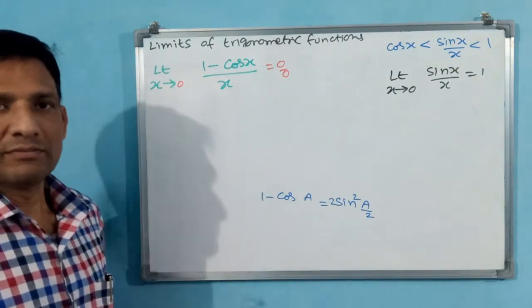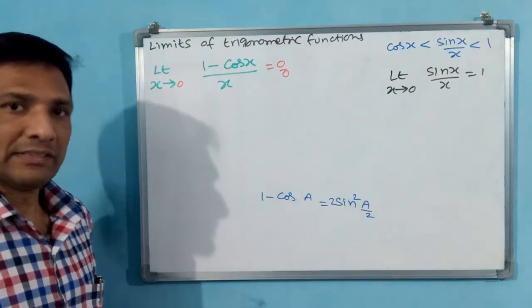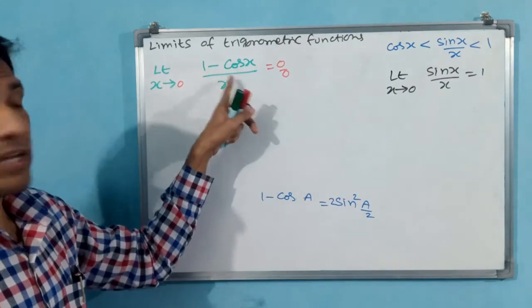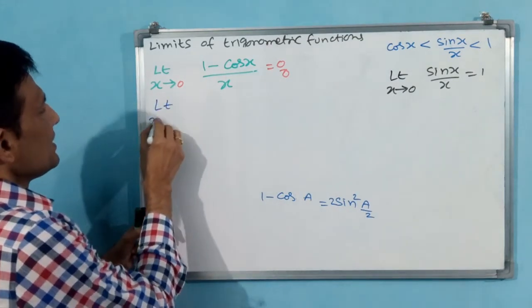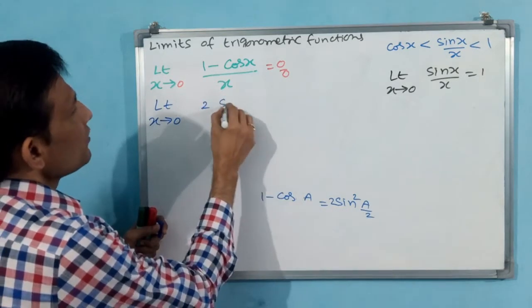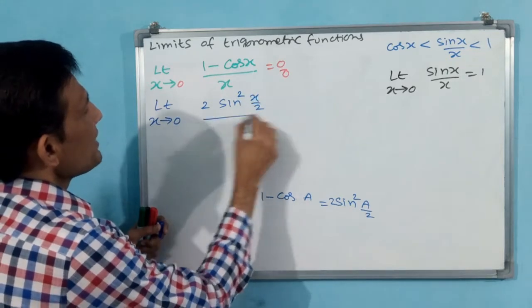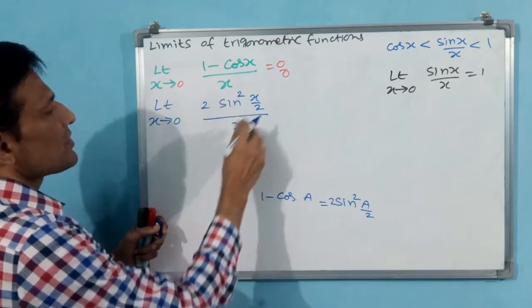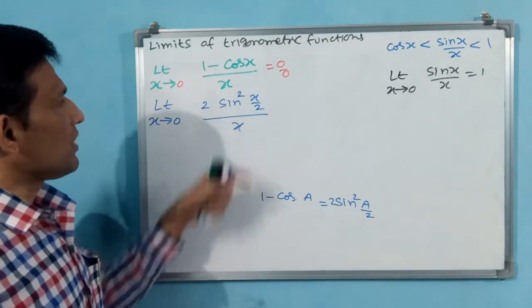This formula you know. 1 minus cos a is equal to 2 sin square a by 2. Okay. This formula we are using here. 1 minus cos is there. Okay. See how I am writing. Limit x tends to 0, 2 into sin square x by 2 divided by x. This x we are not changing. Okay. You understand now? This x we are not changing.